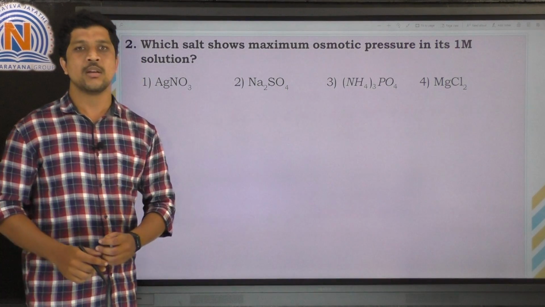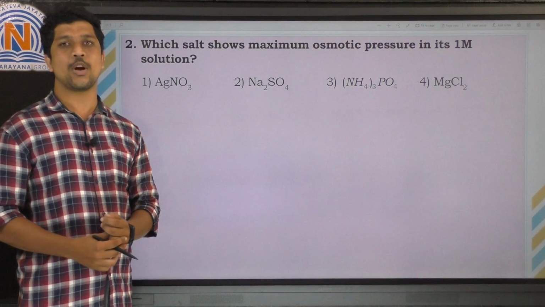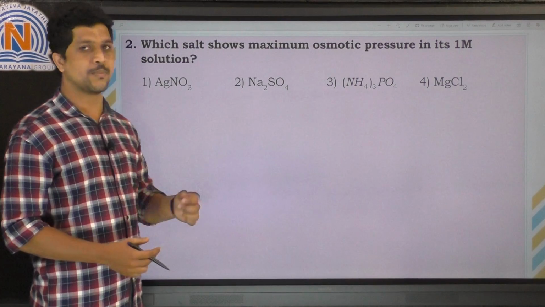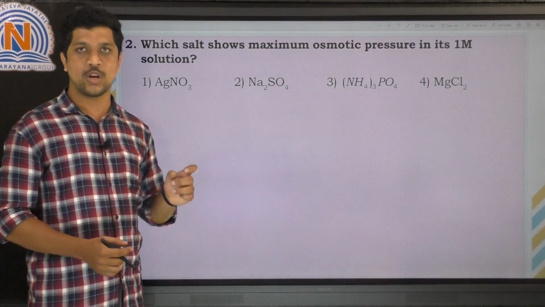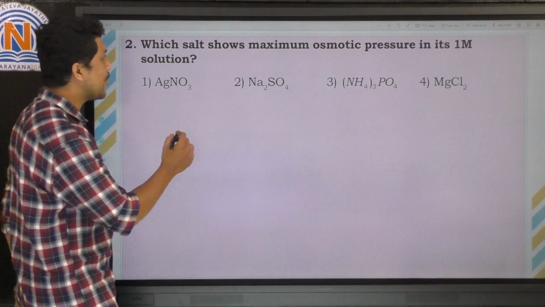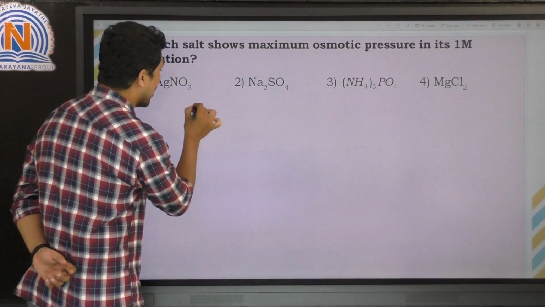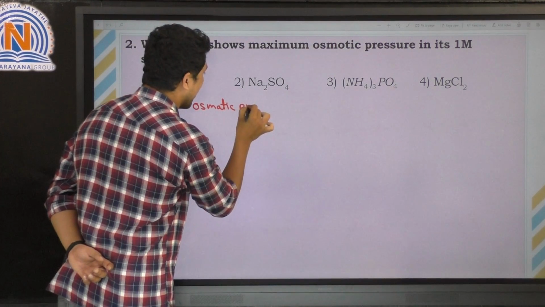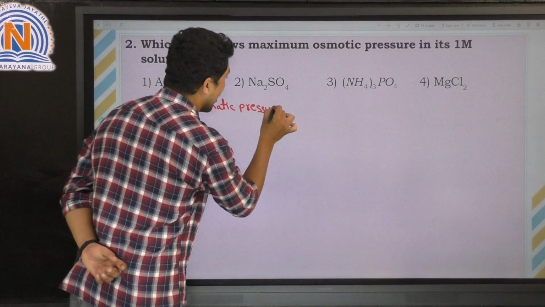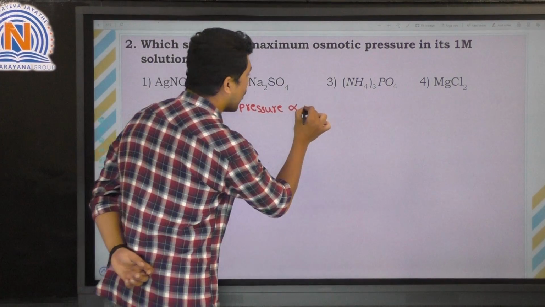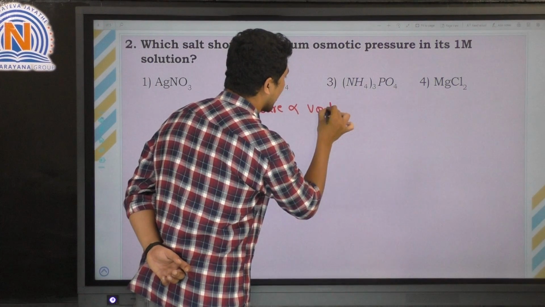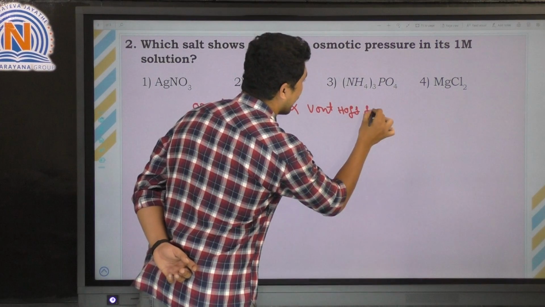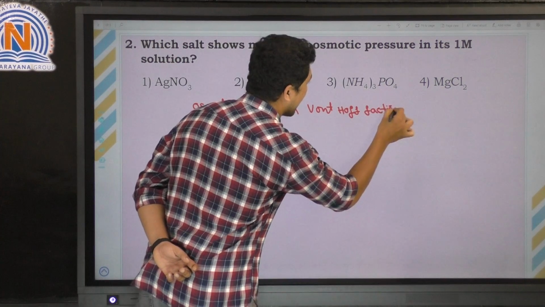Here the question is, which salt shows maximum osmotic pressure in its 1 molar solution? They have given 4 salts. Each salt concentration is 1 molar, right? We know that osmotic pressure is directly proportional to van't Hoff factor.